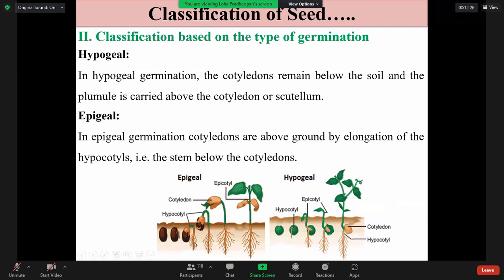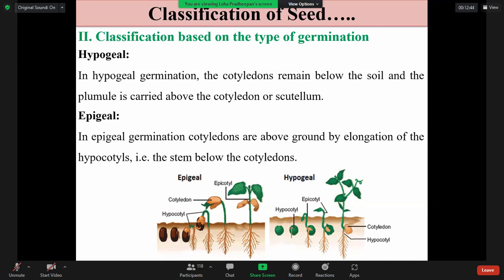That is the difference. At the time of growing, if the cotyledons come out of the soil, that is epigeal. If the cotyledon is present below the soil, that is hypogeal. This is the main difference.